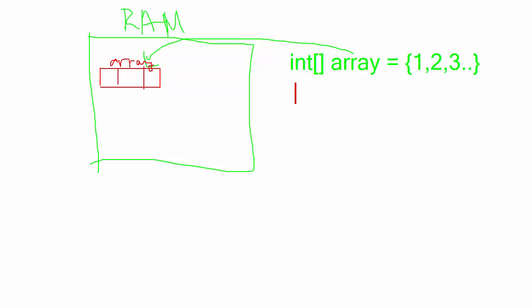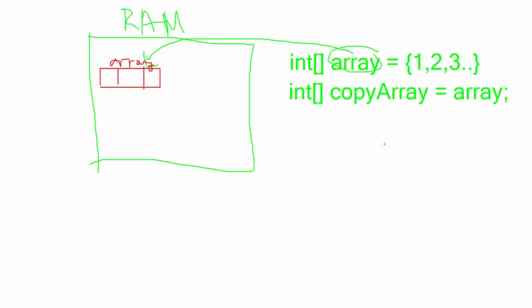And if I do int copyArray equals array, what this does is just copy the reference of the previous array. So it doesn't create a new one, just creates a pointer.